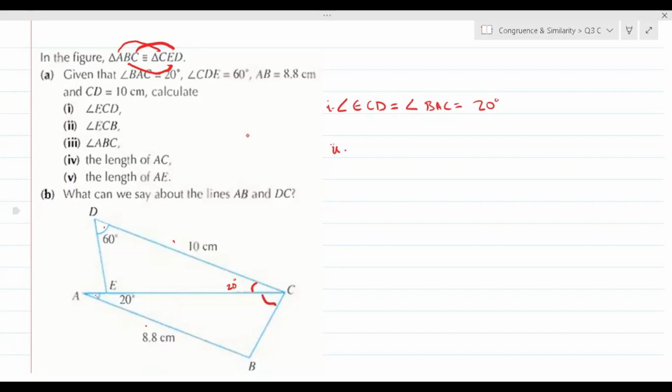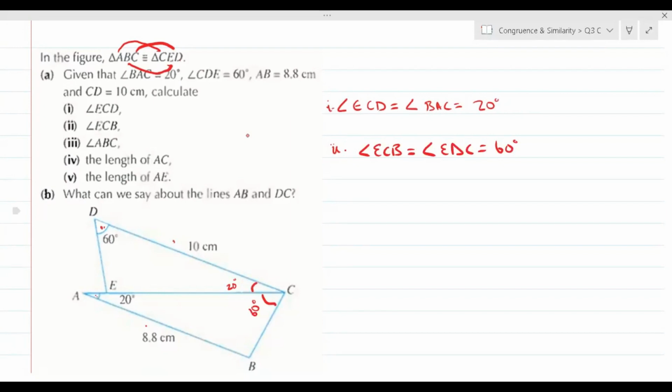So here I know that इस वाले triangle का जो point C है, it is the same as point D in the other triangle. अगर ये point D मेरा 60 degrees था तो यहाँ पे भी मेरे पास एक 60 degrees आ जाएगा, which means now I can write that my angle ECB is the same as angle EDC, which is a 60 degrees. That is it. In questions के अंदर we are simply going to compare the angles looking at the figures.